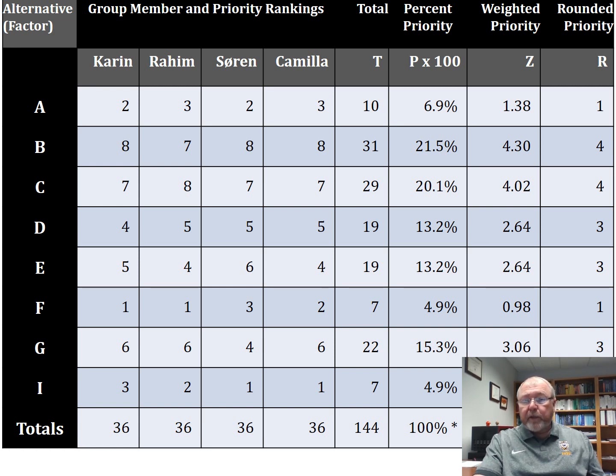For B, whatever B was, 3 out of the 4 people rated that as most important, and the remaining person is the next to most important. And it looks like B and C were the things that scored out highest. So in fact, they got 31 out of a total of 144, and 29 out of 144. That's 21.5% and 20.1% of the overall totals.